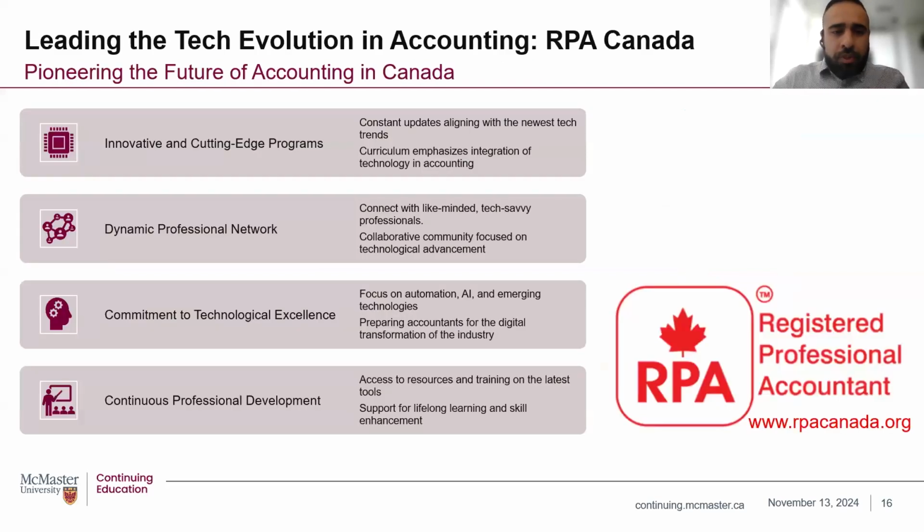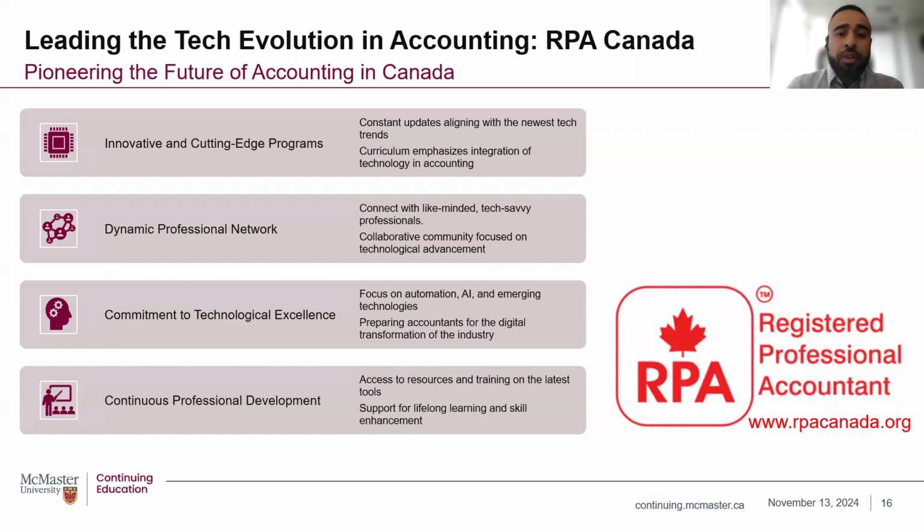So, here I hope this gave you a good understanding of what's going on with tech trends in the accounting space, especially with regards to small and medium size accounting. At RPA, we've made that commitment to become the tech forward firm. So we've taken serious steps in adapting tech. We have lifelong learning, so CPD, making sure that you're up to date with the newest tech trends that are happening. We've established a very dynamic professional network.